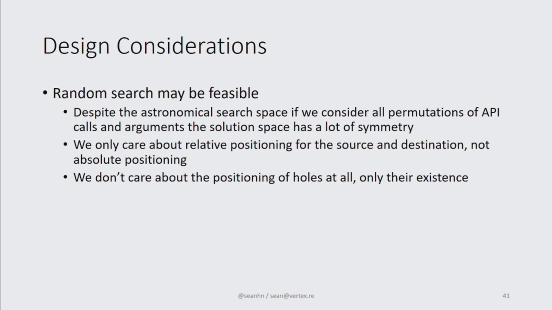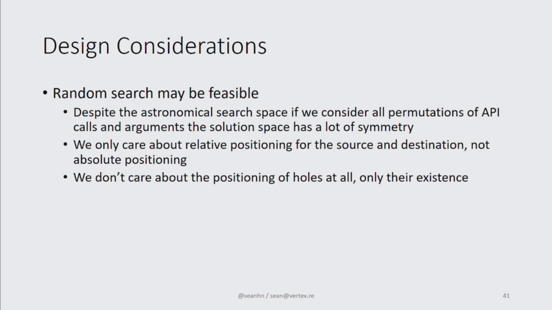The other design consideration that's worth considering is that random search might actually be feasible. Random search in this sense is you just have a random walk through the solution space. You're not learning anything between instances. It's effectively a brute force search. And you remember a while ago I said that the search space is astronomical? Well, it turns out there's actually a huge amount of symmetry in the search space because we typically don't care about the absolute positioning of things. We only care about the relative positioning of things.